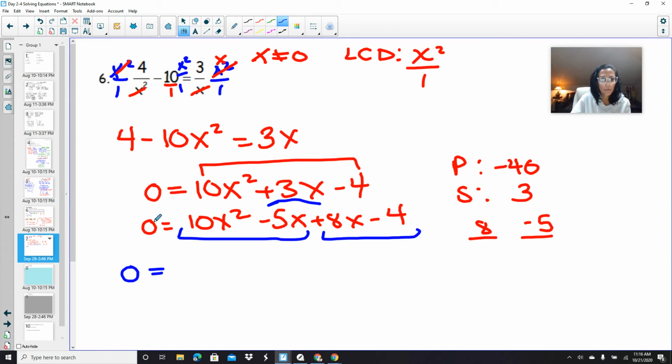Make sure you keep your equals 0. This is an equation, so I should see an equal sign throughout your work. Let's see, I'm going to take out a 5x, and I'll be left with 2x minus 1. Here I'm going to take out 4, and I'm going to be left with 2x minus 1, which is exactly what I need.